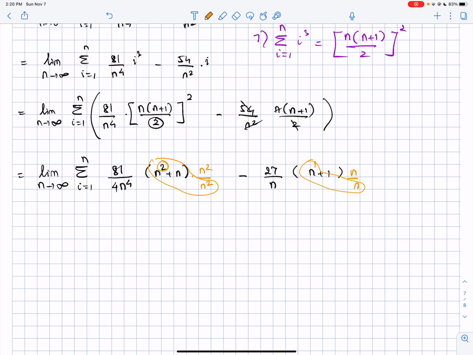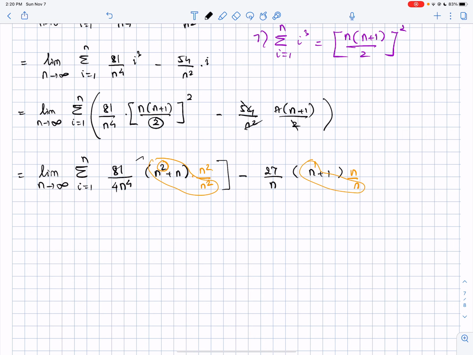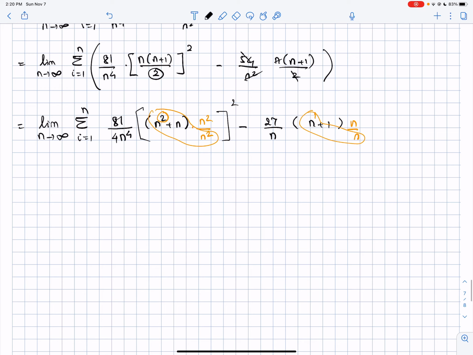And we don't forget to have the square on here, right? Copy from the previous step. Okay, so limit as n goes to infinity, the sum with i from 1 to n, of 81 over 4 n to the 4.